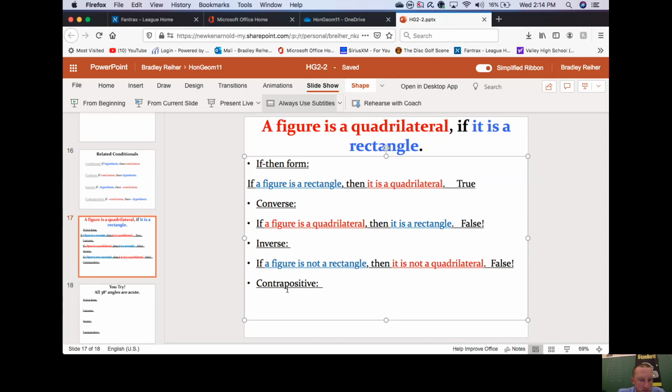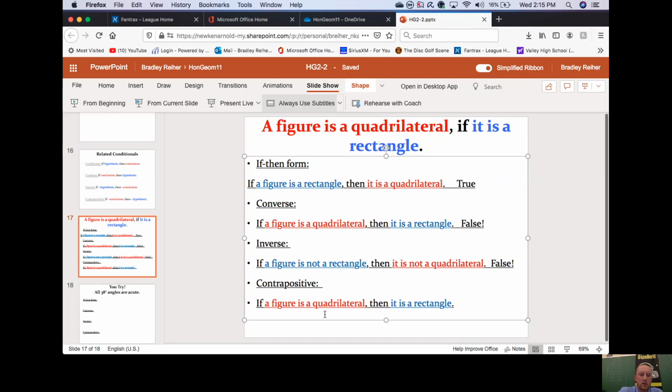The contrapositive is formed by taking the converse. So I'm going to copy it and paste it with one difference. Negate it.